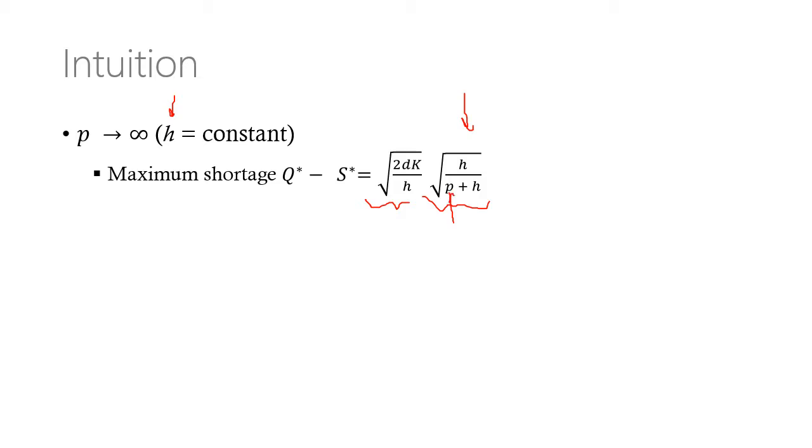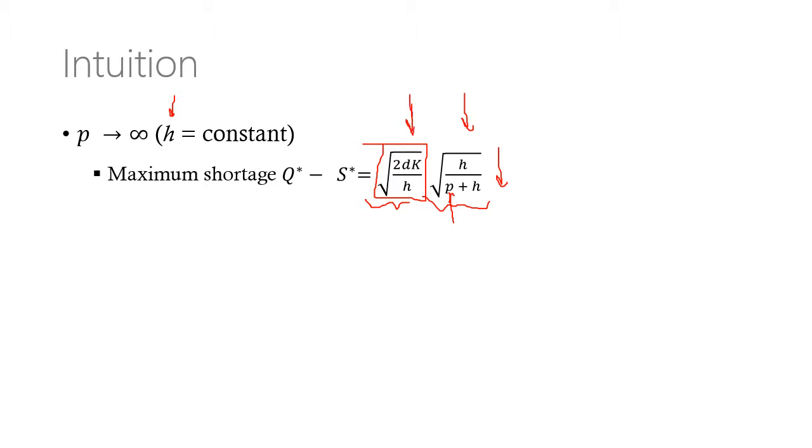As P increases, this second term decreases, and finally the maximum shortage approaches this value. This means that as the shortage cost increases considerably, the maximum shortage approaches zero.